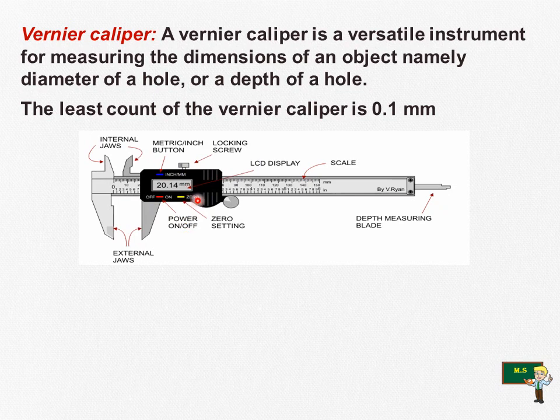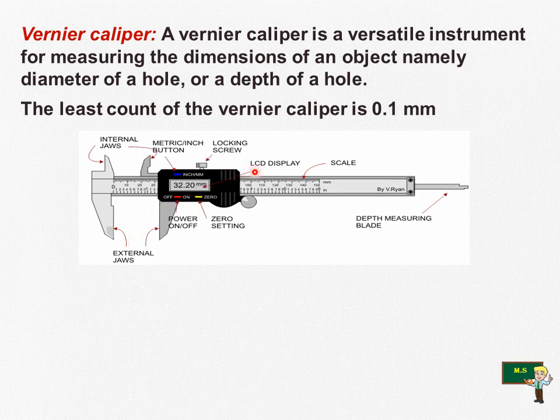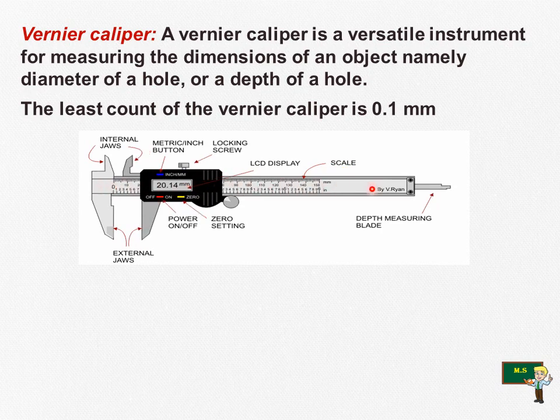If it is an electronic vernier caliper, you can switch it on and off. Then zero setting, you can set 0 here. Then LCD display. Okay, there is a display. Then a scale is fitted in this vernier caliper. Depth measuring blade. You can find the measurement from here also.